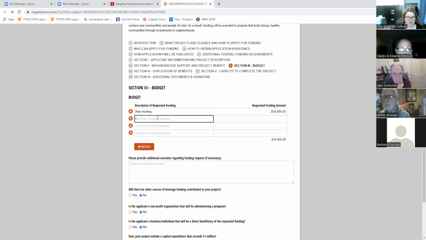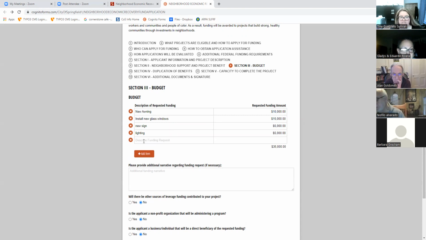Maybe you're also going to install new glass windows to make it more attractive. Maybe you're going to install a new sign and some lighting. As you type it in, you'll see this automatically adds those amounts here for you. You want to be somewhat detailed, right? This should be your line item budget.